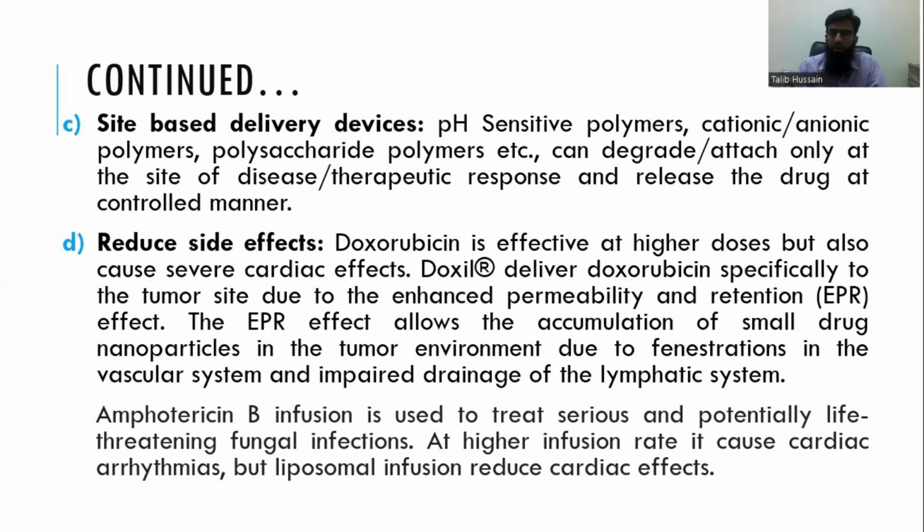So there are two types of drugs. One, the drug which shows selective absorption at a specific pH, having an isoelectric point at that pH, or secondly, a disease site having a specific pH. They can be co-administered by the technique of site-based delivery using pH-sensitive polymers.